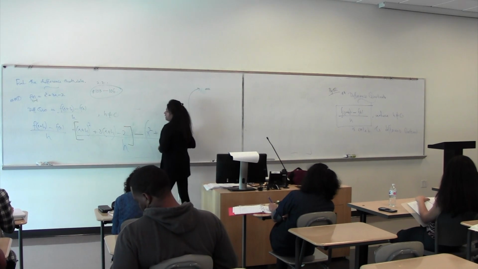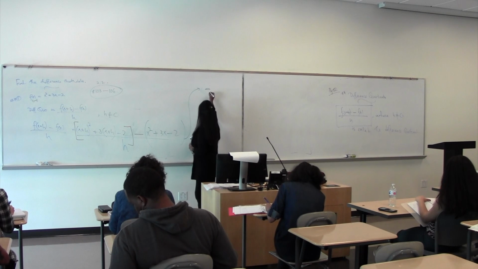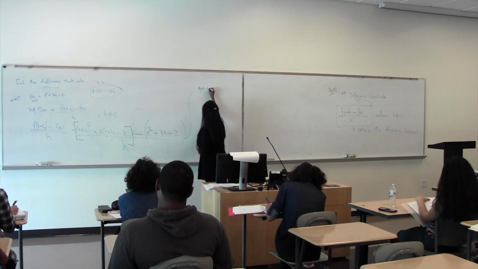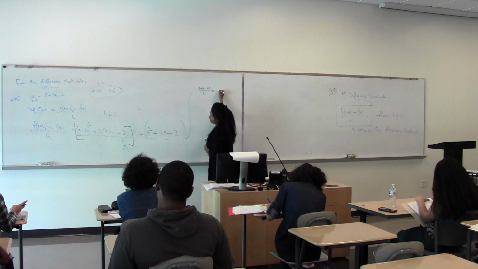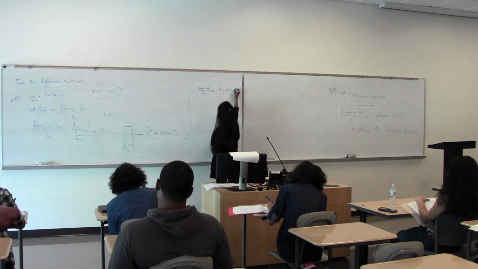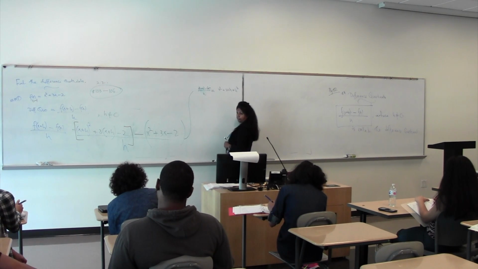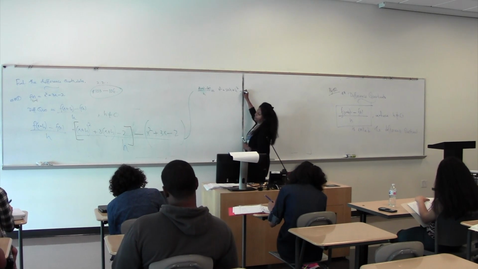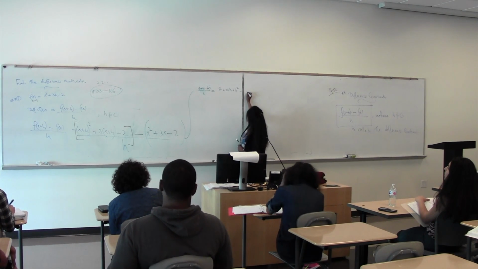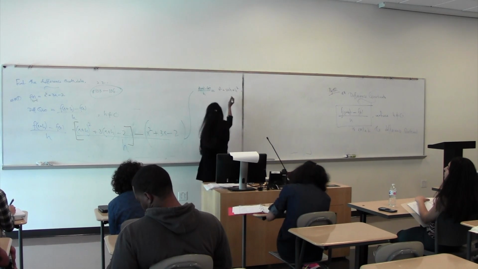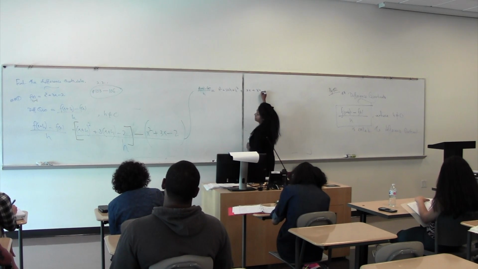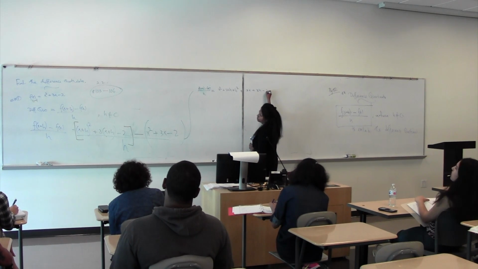So simplify: f of x plus h minus f of x over h is equal to x squared plus 2xh plus h squared, I foiled that, minus, I need to distribute the minus sign inside the parentheses, plus 3x plus 3h minus 2.